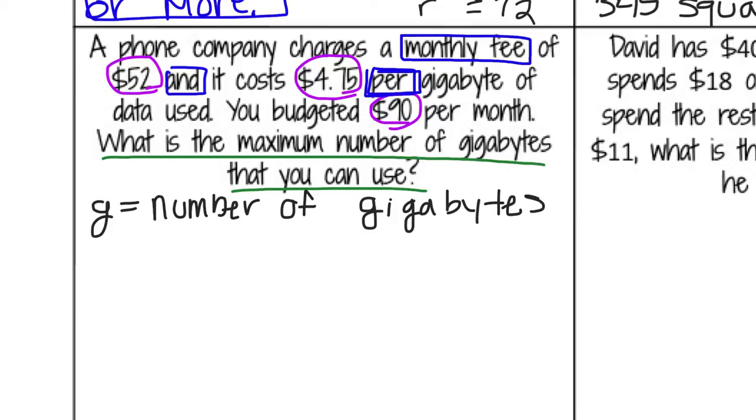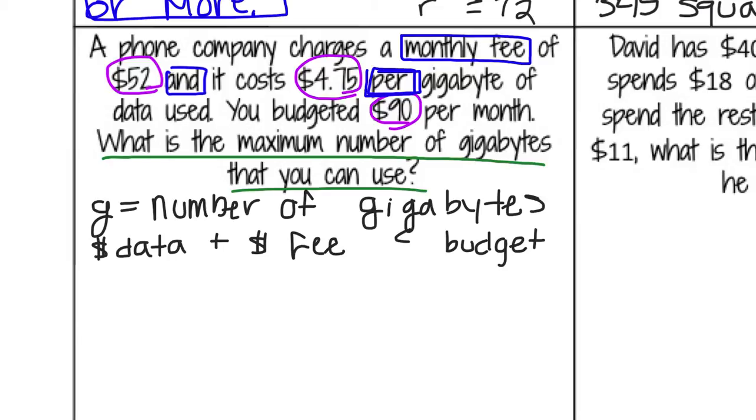So to write my inequality, the amount of money I spend on data plus the amount of money I spend on the fee is going to be somehow related to my budget. Okay. And a budget is the amount of money you set aside for something, and you don't want to spend more than that. So you want everything else to be less than your budget, or it could also be equal to your budget.